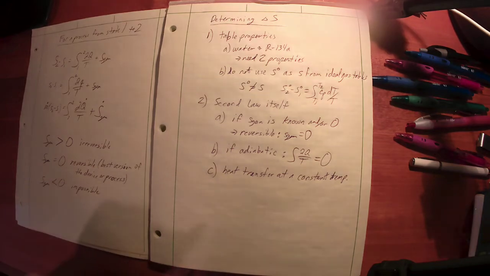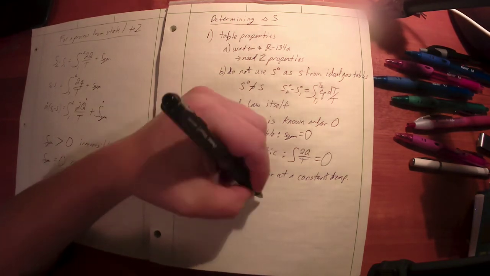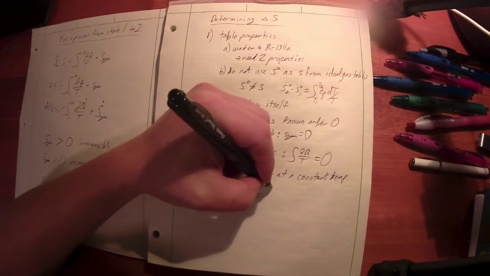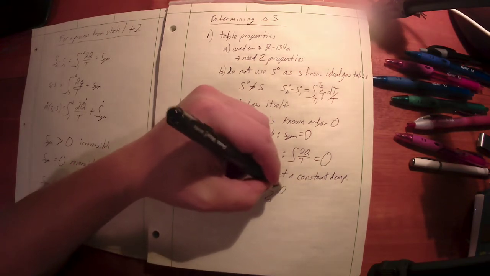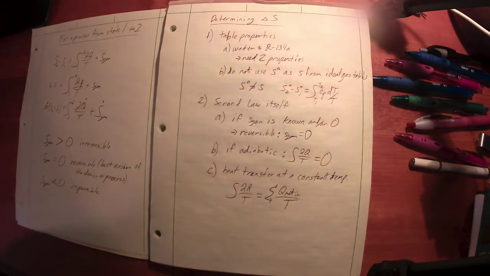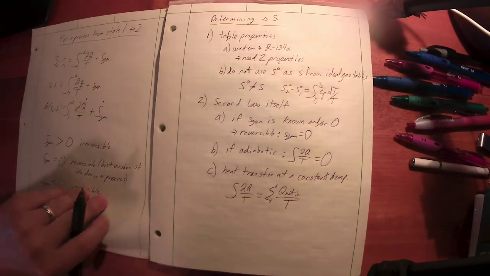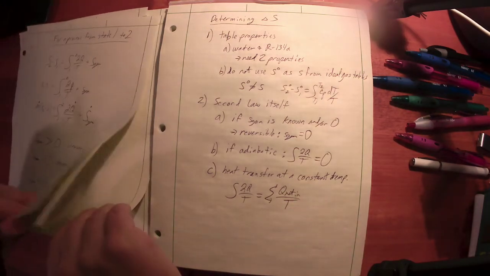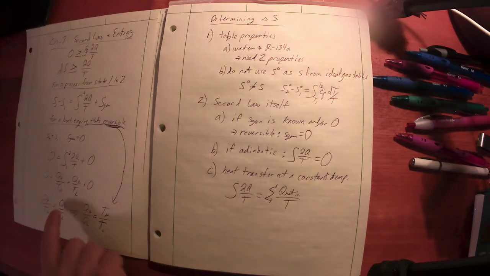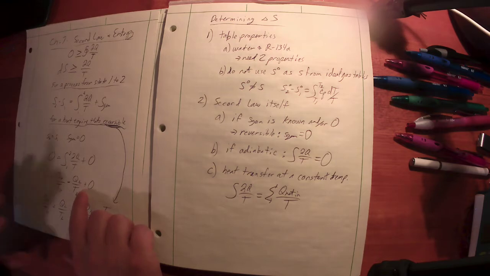If you have heat transfer occurring at a constant temperature, then this integral of dQ over T becomes simply the sum of Q net in over the temperature at which it occurs. So everywhere you've got heat going in, we did this a second ago, divided by the temperature at which it comes in, and subtract everywhere you've got heat going out, divided by the temperature at which it goes out.